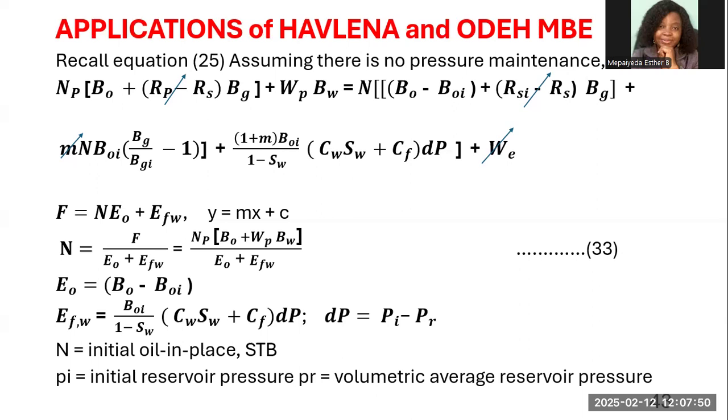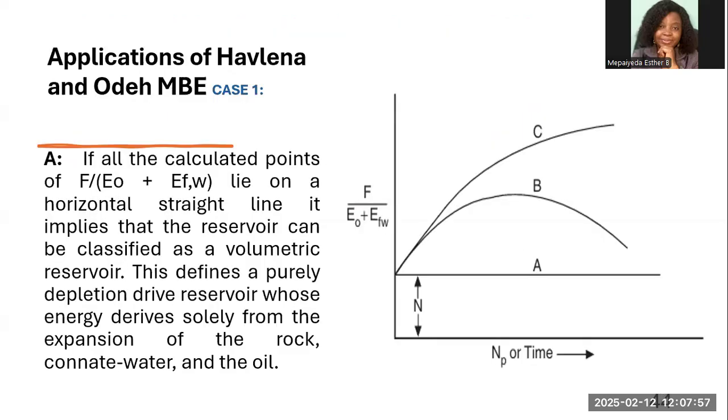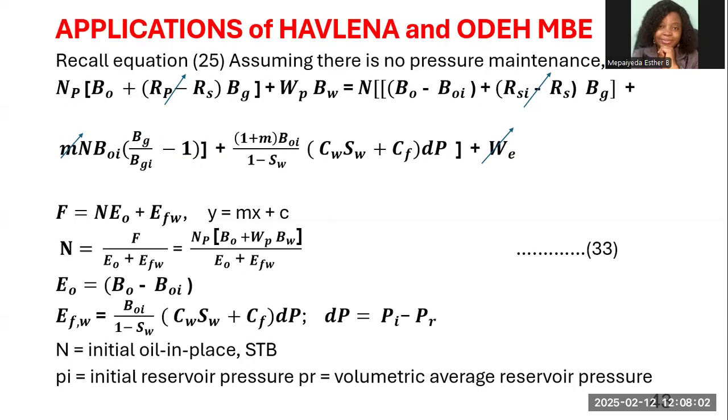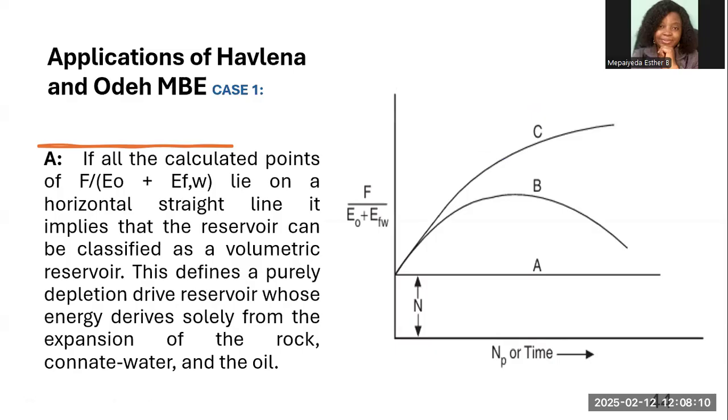If we look at y equals mx plus c, translating it into a straight line equation, we have F over Eo plus Efw lie on a horizontal straight line, which means that the reservoir can be classified as a volumetric reservoir.